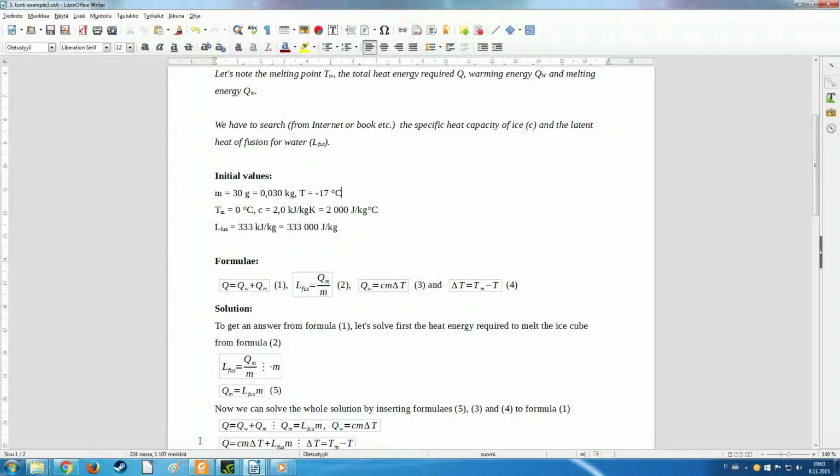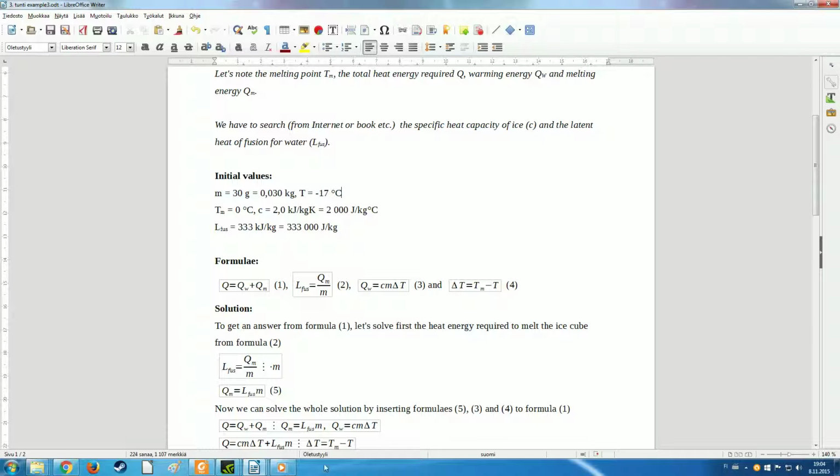Q_w plus Q_m, where I put in these values: Q_m, which is L_fus times m, and Q_w is c times m times delta T, which gave me the next step.